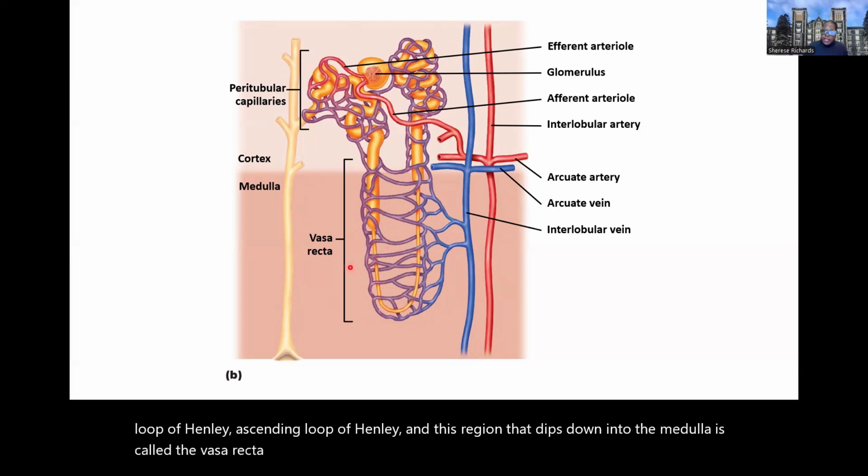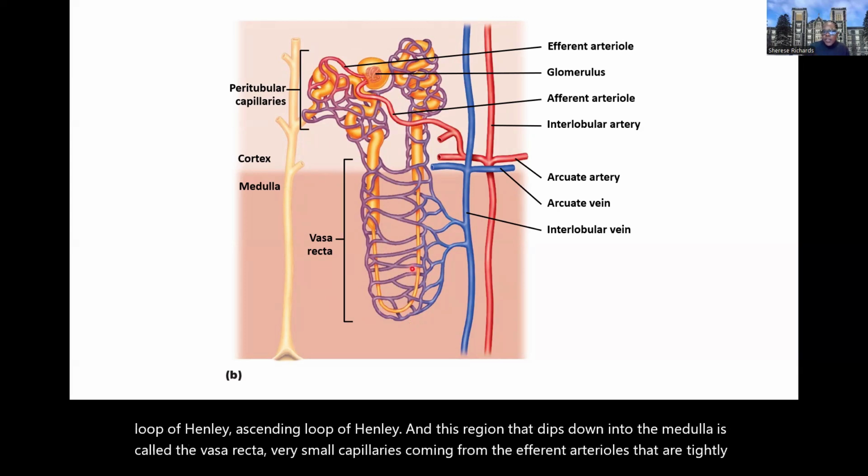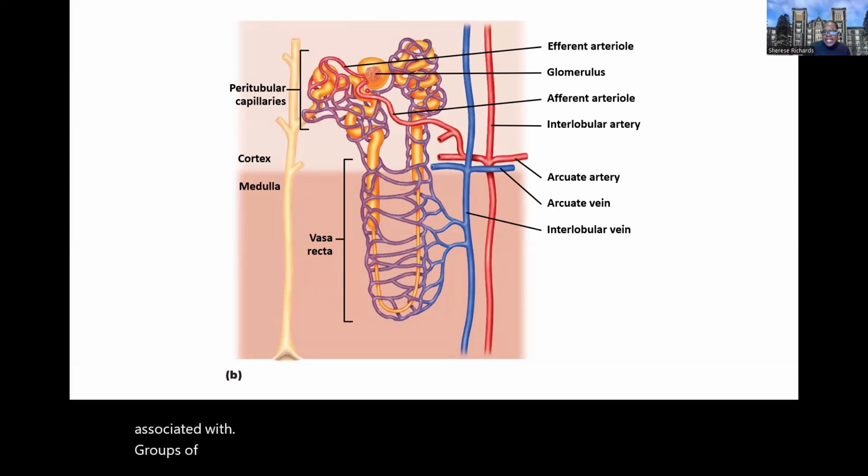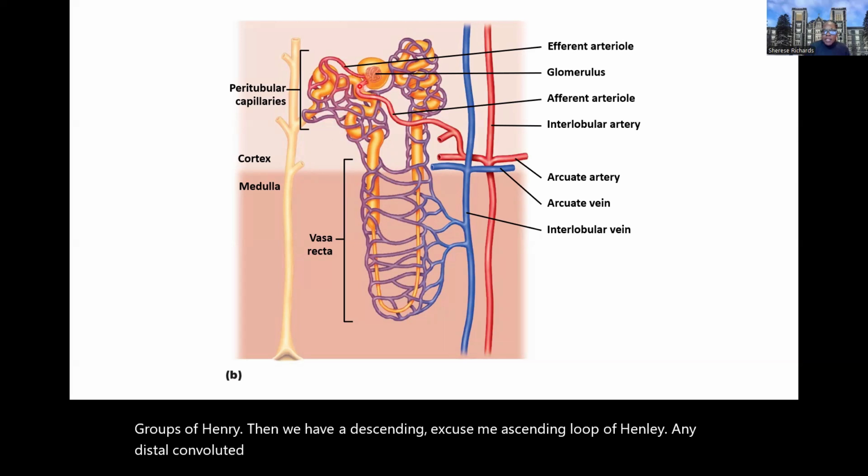These are very small capillaries coming from the efferent arterioles that are tightly associated with the loops of Henle. Then we have an ascending loop of Henle and a distal convoluted tubule that comes back to connect to the glomerulus.